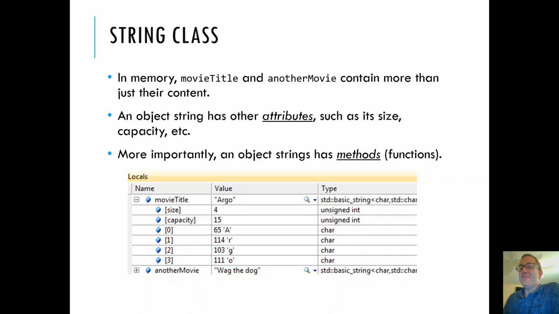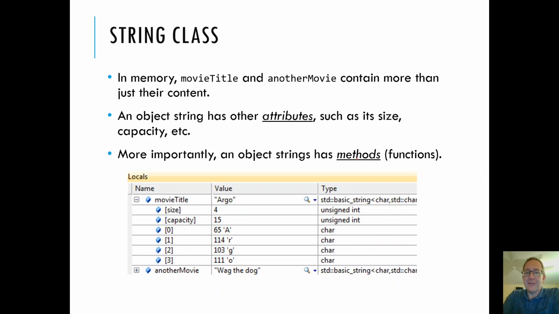All strings have methods associated with them, meaning an object in C++ is bundling together a data structure or an array, the kind of data that we're dealing with, and a bunch of methods. So I can say, hey, movie title, what is your length?